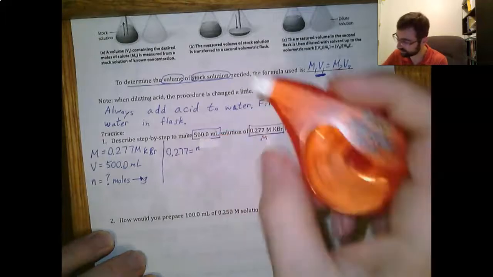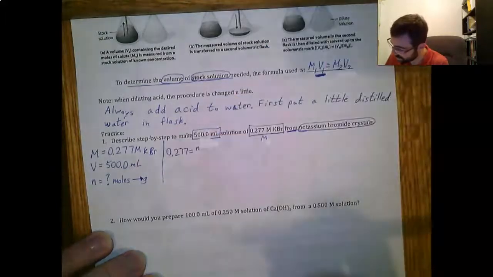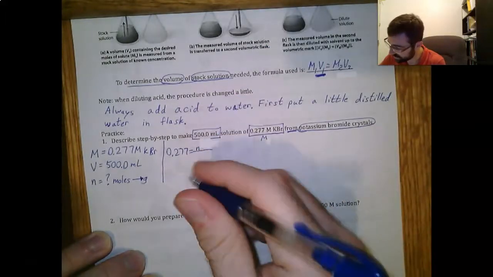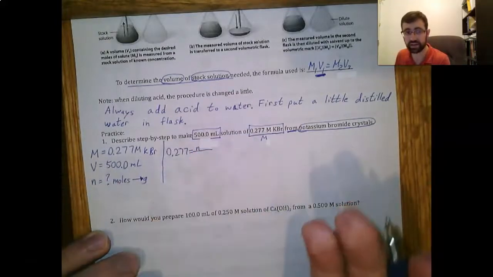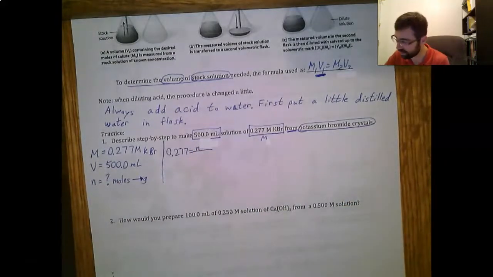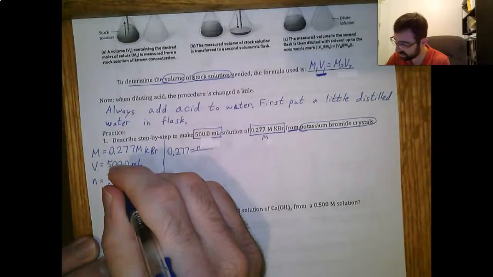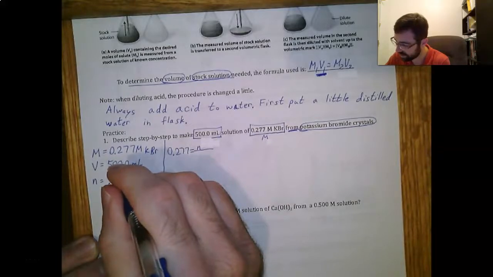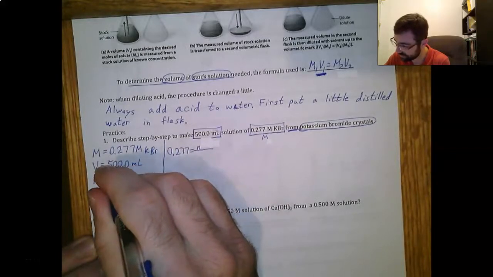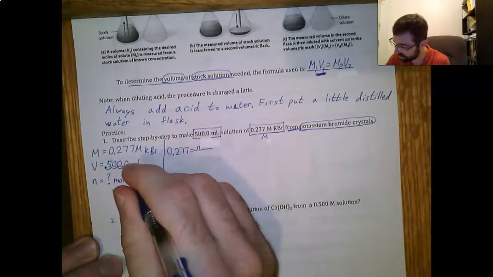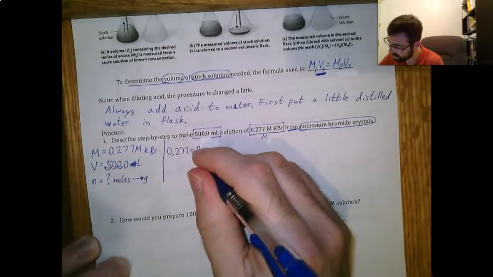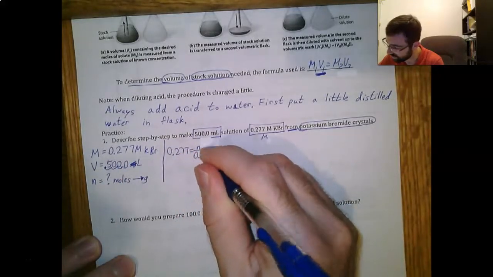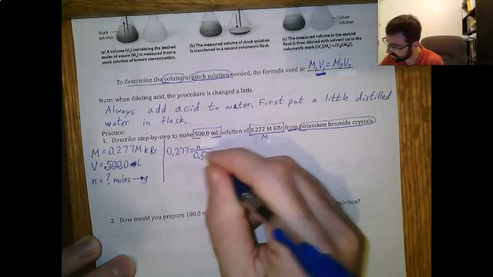There we go. n over 500 milliliters. Uh-oh, I need to change that into liters. Don't forget, if you want to change something to liters, you just move the decimal place 3 spaces to the left. And we'll drop that M and make it liters, okay? So we have 0.500 liters.